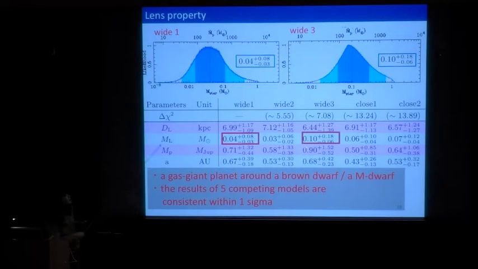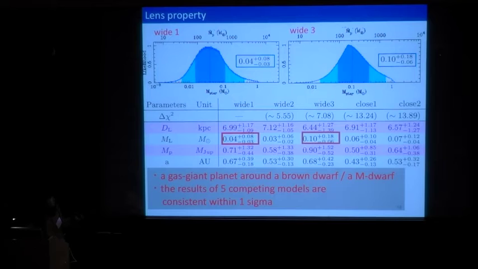The table below shows all lens physical parameters of all models. And from this table, we can conclude that the lens system would be a gas giant planet around a brown dwarf or M dwarf.